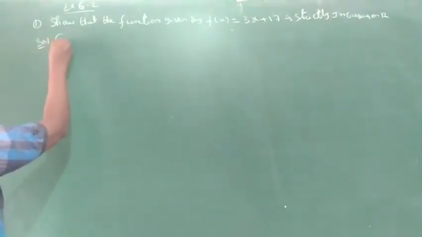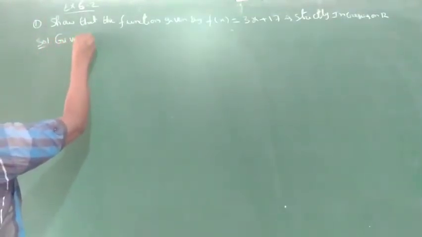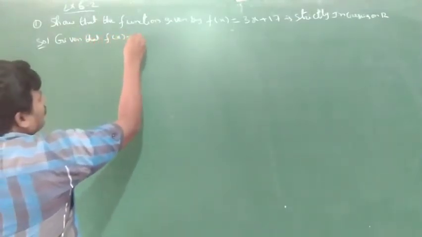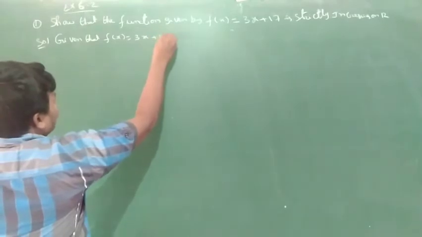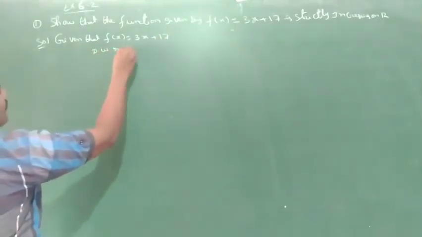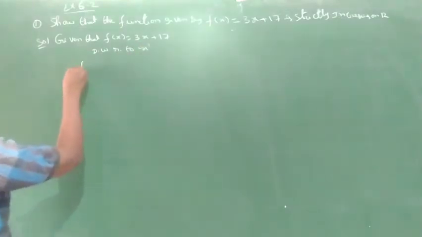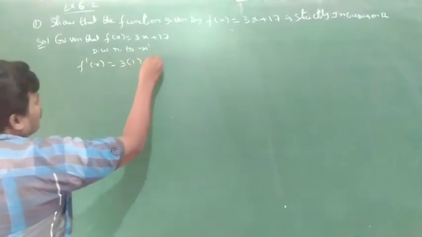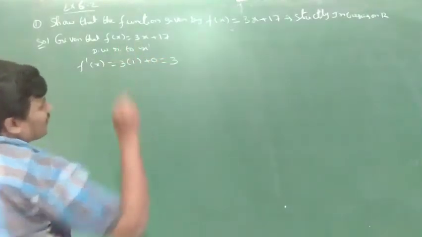Solution, given that f of x is equal to 3x plus 17. Differentiate with respect to x. F dash of x is equal to 3 into 1 plus 0, which is 3.